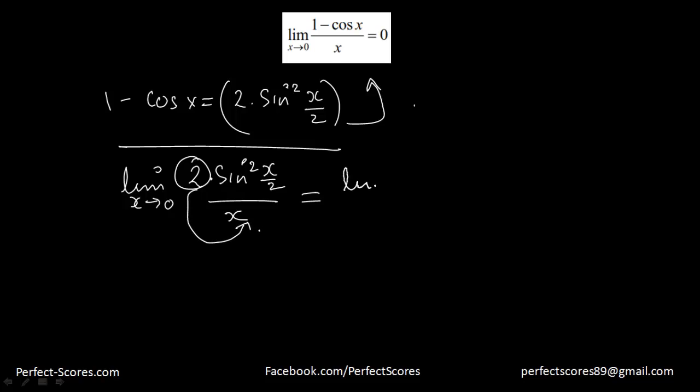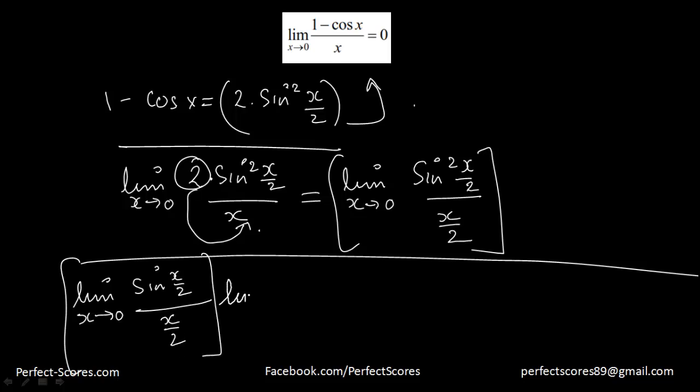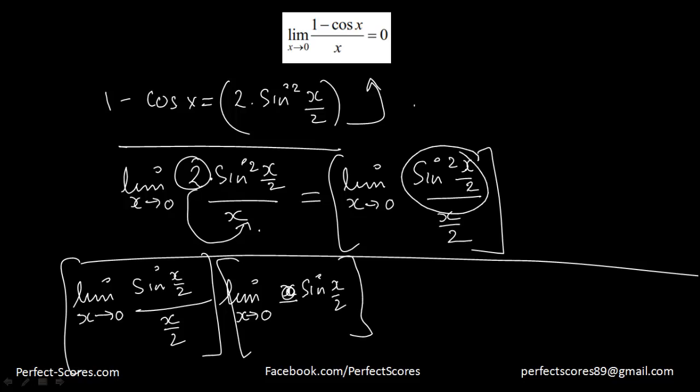I can say limit x tends to 0 of sine square x by 2 over x by 2, which I can further break down. I can say limit x tends to 0 of sine x by 2 over x by 2, into limit x tends to 0 of sine of x by 2. I kind of broke sine square x by 2 into sine x by 2 into sine x by 2.